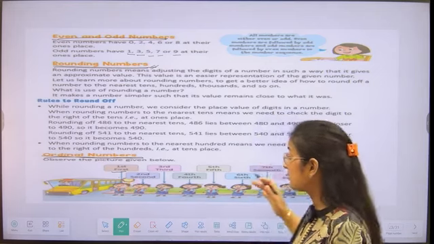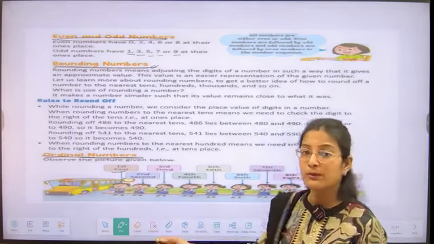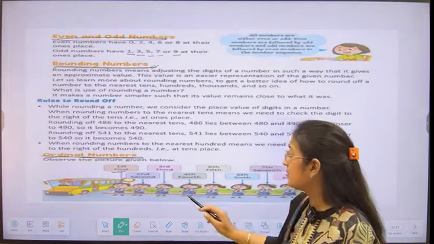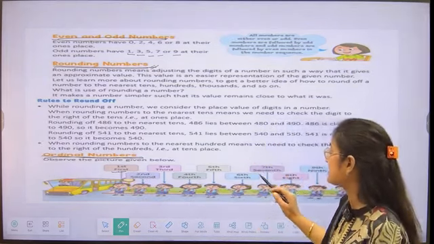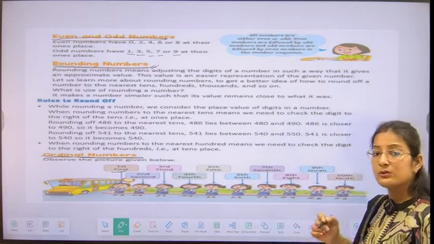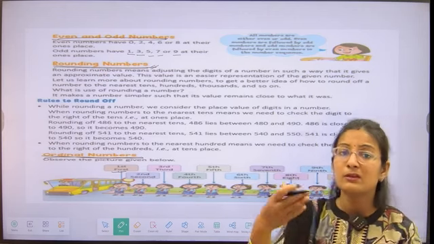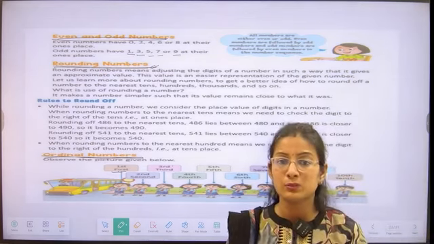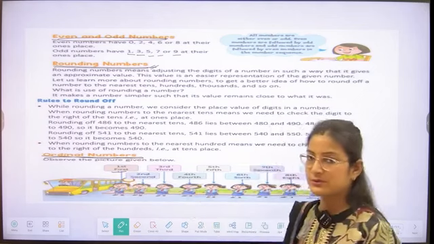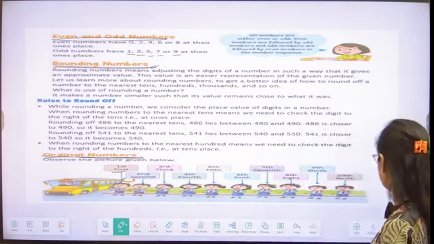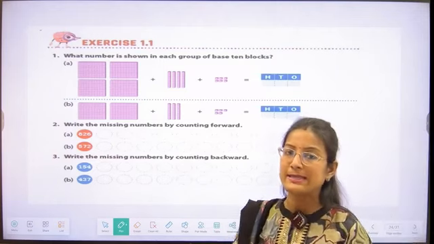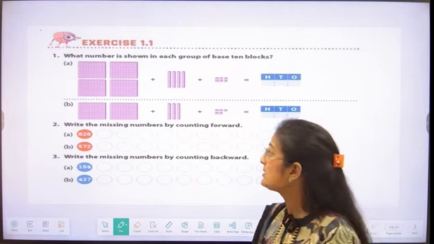As you can see in the picture, the first boy is at first position, then second, third, fourth, fifth, sixth, seventh, eighth, ninth, tenth. So we are giving positions to the students. With this, we are writing their ordinal numbers, students. So everyone is understanding? Now we are going to do our exercise 1.1, students.